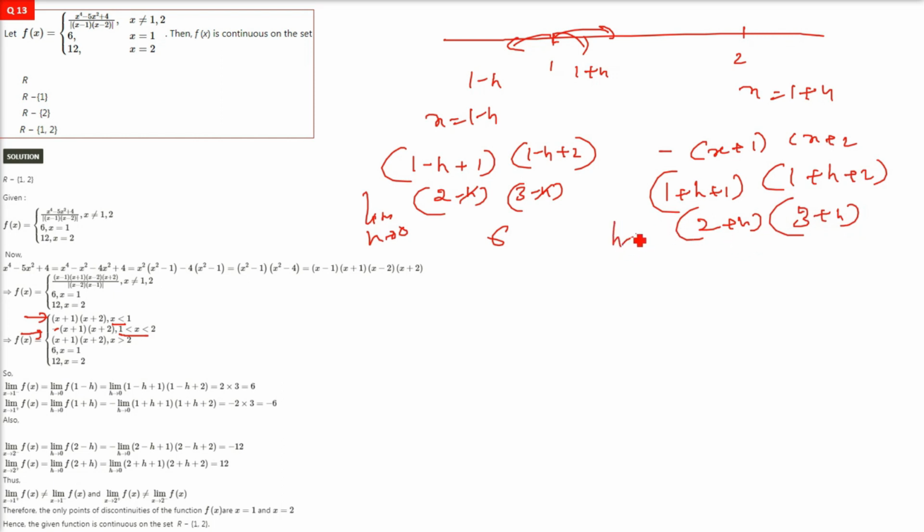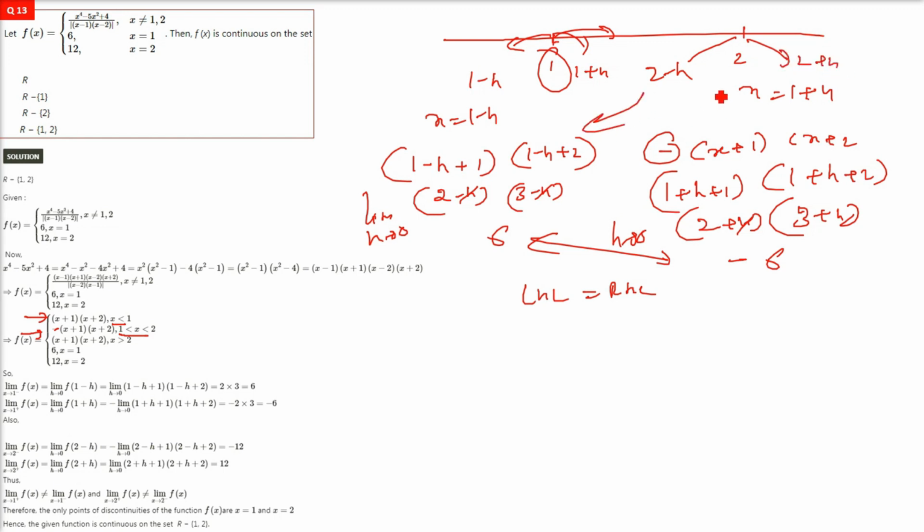Negative will be there. So you get minus 6, negative 6 here. So 6 and negative 6 are not equal. So the left hand limit and right hand limit are not equal. You can very well say that in this case, the values are not matching, so the function is not continuous at 1.